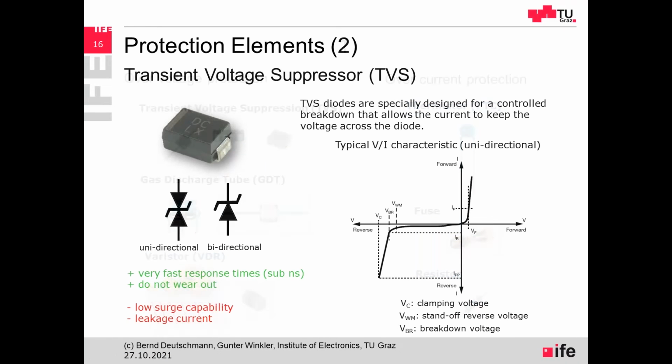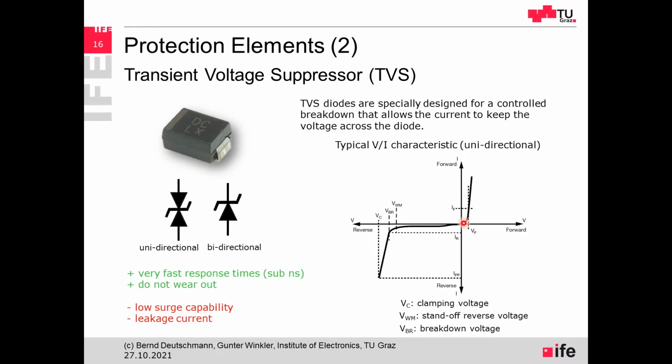So let me switch to the next slide, and there I would like to give you a very short overview of some important protection elements. For example, these transient voltage suppression elements, the TVS diodes. There are unidirectional or bidirectional protection elements. This is the typical symbol that is used.